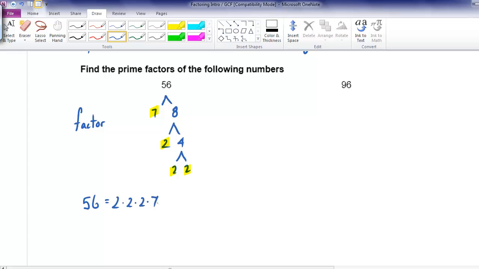Remember, product is a multiplication word. So we want to make a note of that because we are unmultiplying from now on. So product is a multiplication word. Another way of writing 2 times 2 times 2 times 7 is 2 cubed times 7.